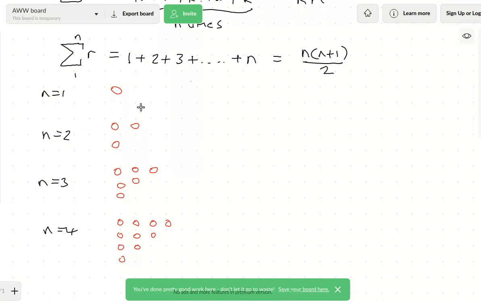Well, what could be the formula for this? Well, what we could do is turn these all into rectangles by adding a dot there, adding 3 dots here, adding 6 dots there. I've done that kind of wonky, haven't I? That's better. Adding 6 dots there, adding 10 dots here.